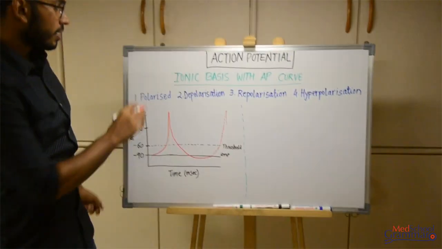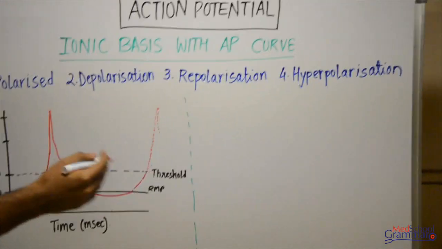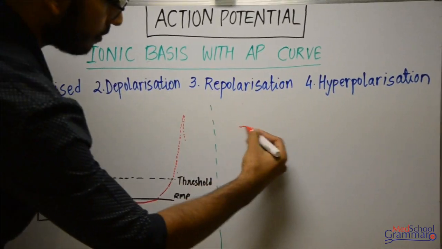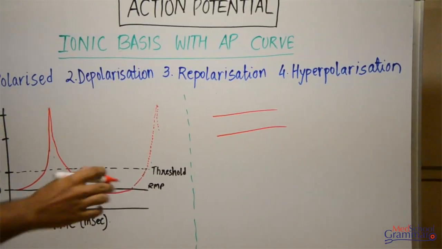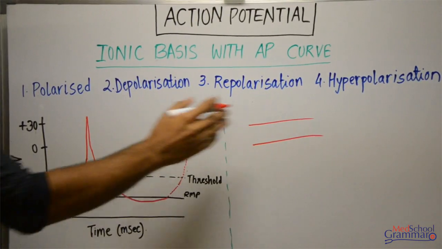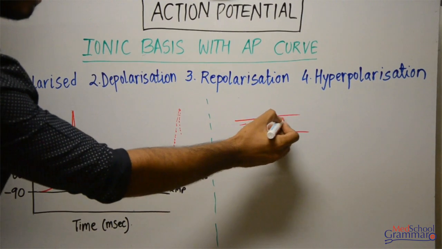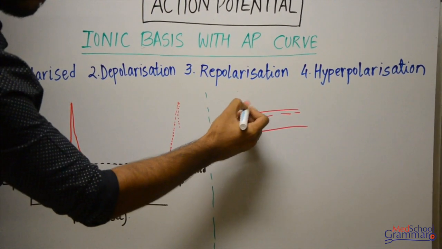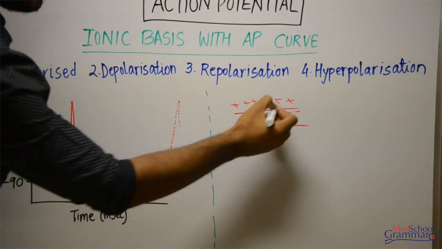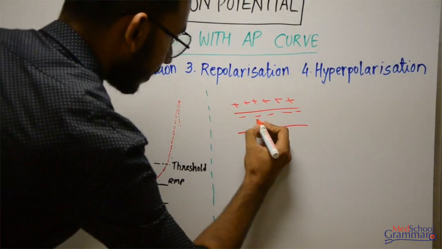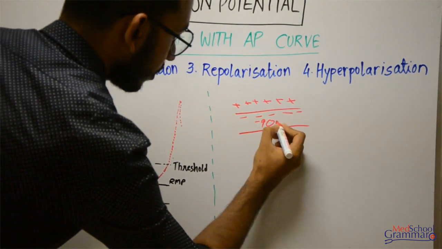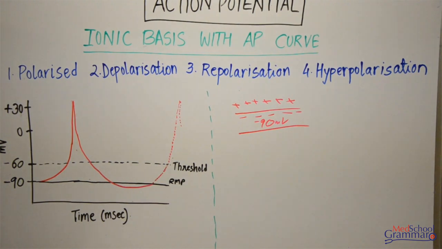Now to begin with the ionic basis, we'll consider this nerve fiber to be in a state of rest, that is at resting membrane potential. The insides are negative and the outsides are positive, and we know that the resting membrane potential of a large myelinated nerve fiber is about minus 90 millivolts, right?